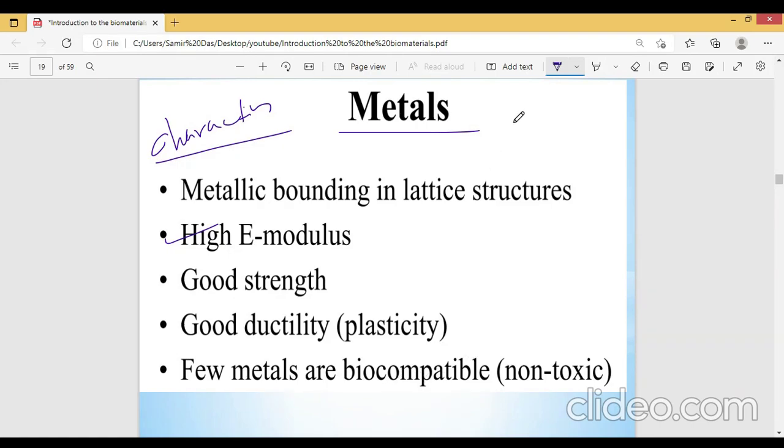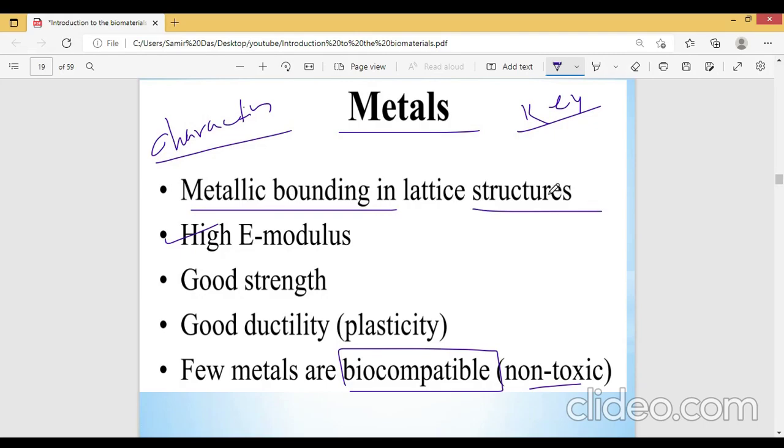The key feature of a biomaterial is biocompatibility. In one word, they should not cause any toxic reaction with our biological system. So metal-based biomaterials are very much biocompatible, with high Young's modulus, good strength, good ductility, and they are formed by metallic bonding in the lattice structure.